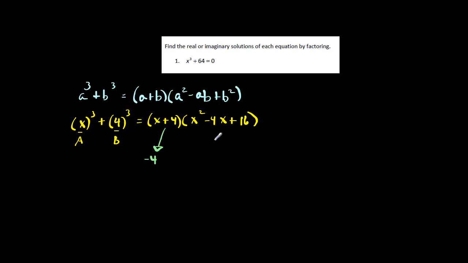This over here is going to give us two solutions because it's squared, but we're going to have to put this in quadratic form, or put it into the quadratic formula. So the opposite of b plus or minus square root of b squared minus 4ac all over 2a.